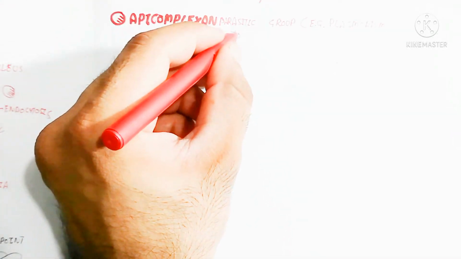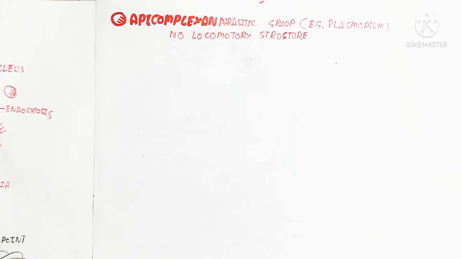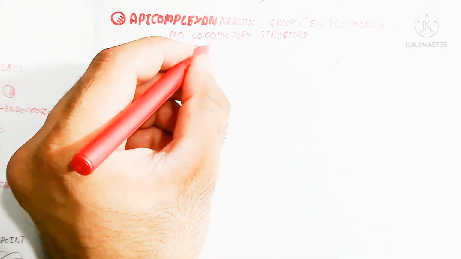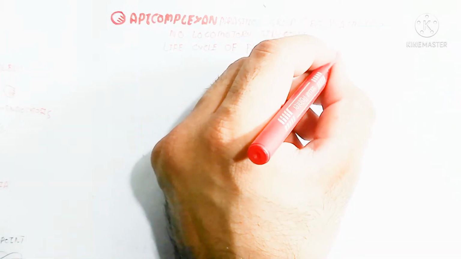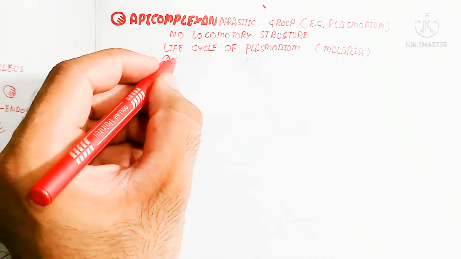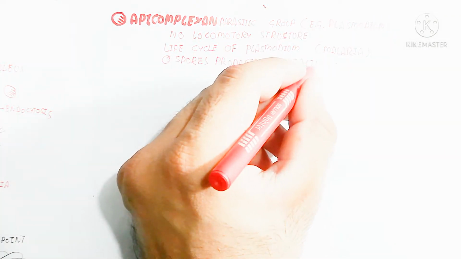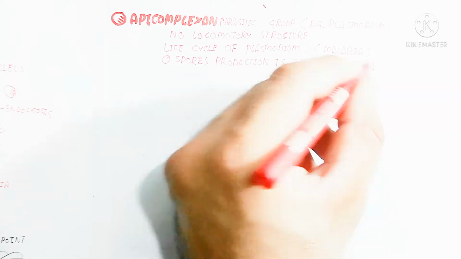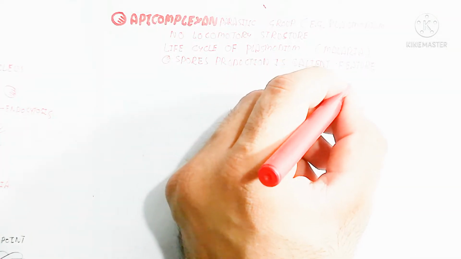The life cycle of Plasmodium causes malaria. Malaria is caused by Plasmodium in humans. So let's begin to understand the apicomplexan in detail. Spore production is a salient feature of Plasmodium falciparum. So let's begin to understand.